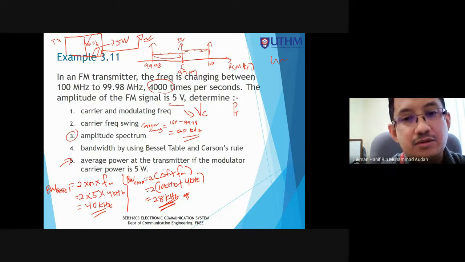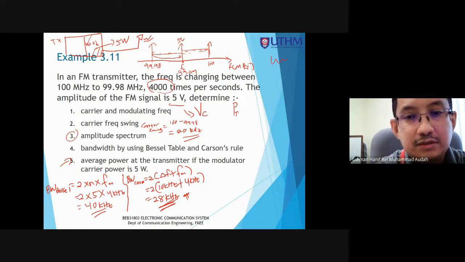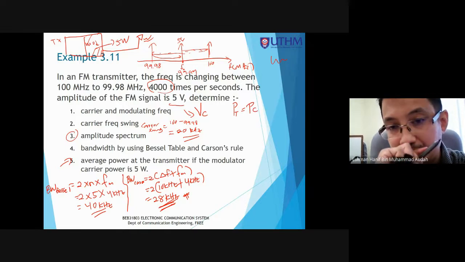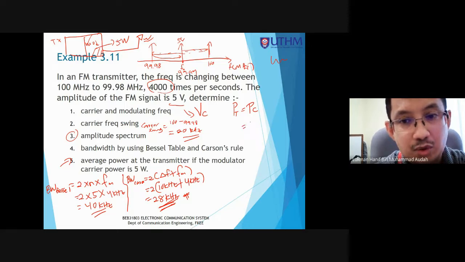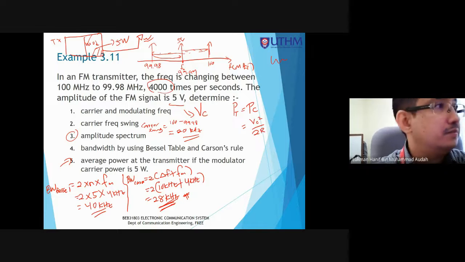That means P total is equal to PC, the one that we calculated previously. How much is PC? In this case, PC is equal to VC squared over 2R.